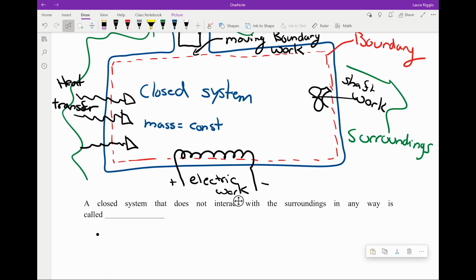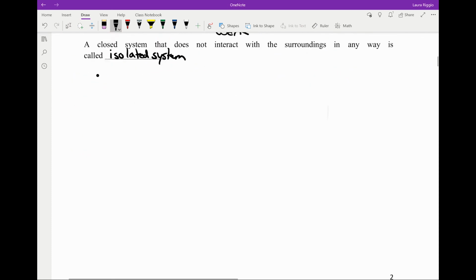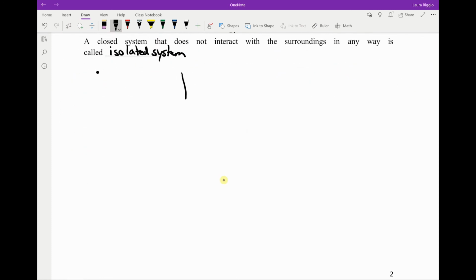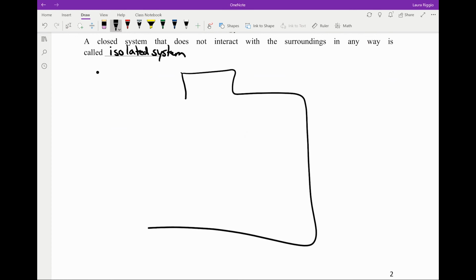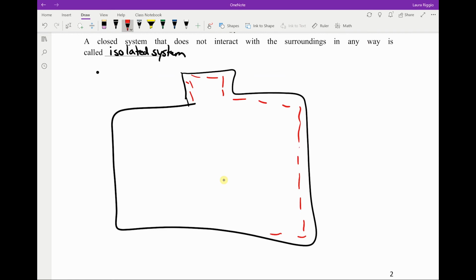Now, a special type of system is a system that doesn't interact with the surroundings in any way, and that type of system is called an isolated system. What an isolated system looks like is if I draw my system and here's my boundary.